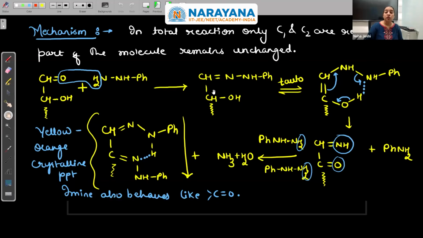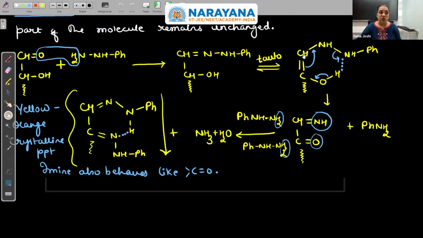But as the alpha position has an OH, this is something different. Check this one. Some sort of H bonding you will see: the OH and this NH with its lone pair form H bonding, a six-membered chelation.